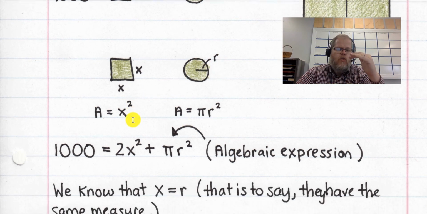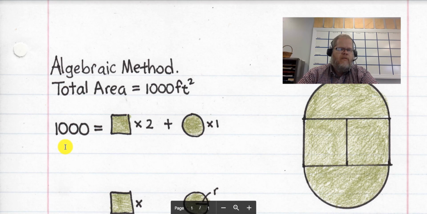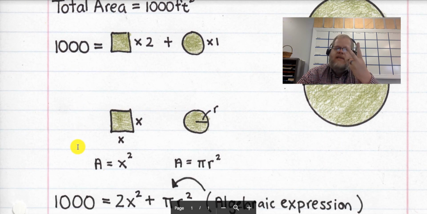So the next equation is now less concrete. This is now more abstract. So what we want to do is tie in the concrete to the abstract. How many squares do we have? We have two squares. What is the expression that represents one square area? It's x squared.